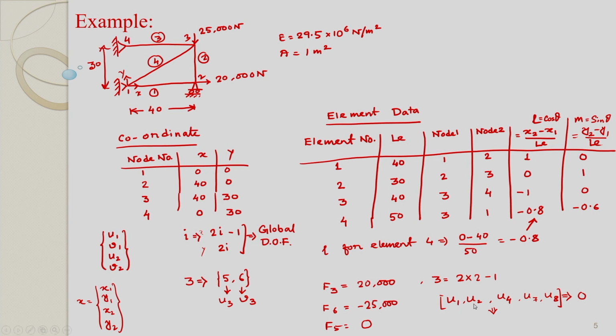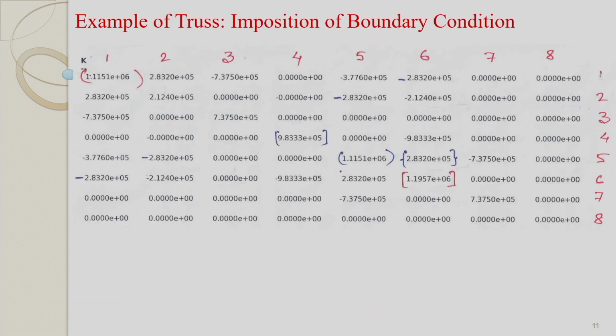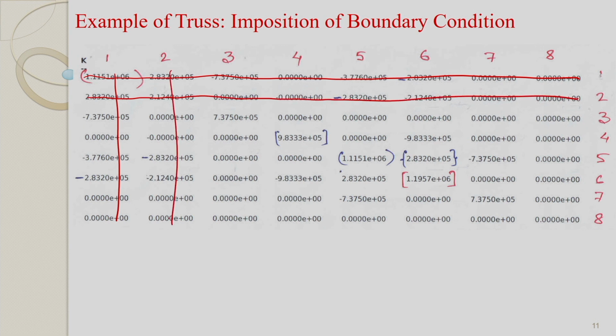So, 1, 2, 4, 7, 8, these rows and columns. So, we eliminate first row, first column, second row, second column, because u2 is 0.